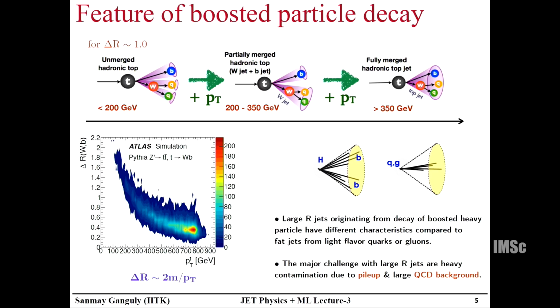I take the pT where I want to operate my machine, where I want to do the experiment, whatever phase space I want to probe. That will determine what pT I am looking at. Then delta R will be dynamical.